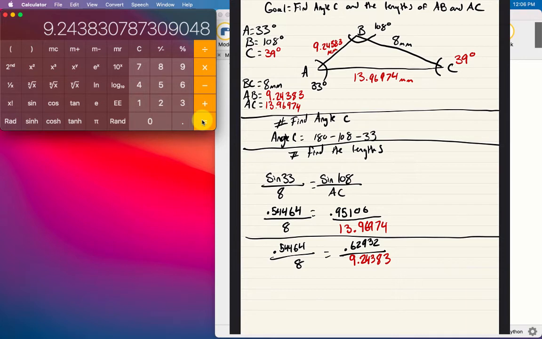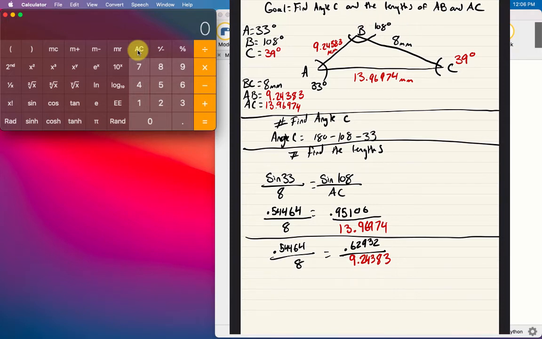So now let's make this a Python script. The way I want to do it is I want the user to provide angle A and the length of the side opposite, so it'll be 8.